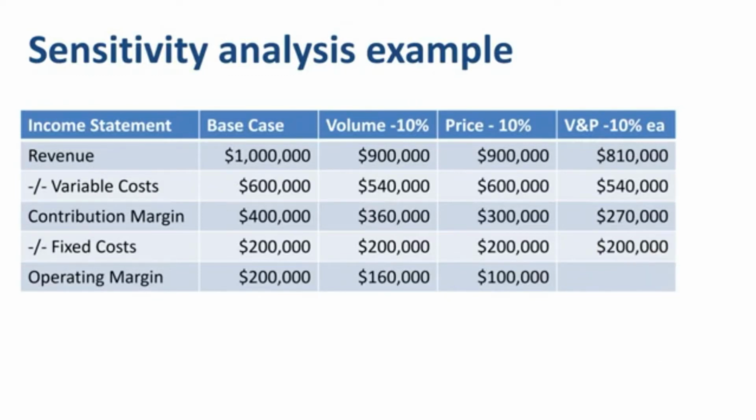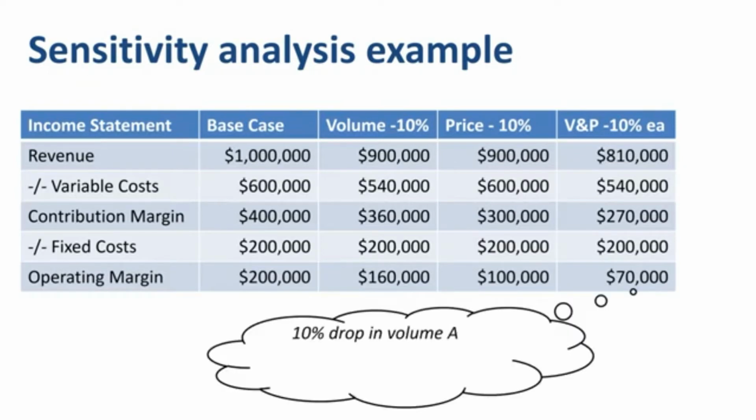Fixed costs, $200,000. Operating margin, $70,000. What we learn from this is that a 10% drop in volume and a 10% drop in price at the same time lead to an expected 65% drop in operating margin versus the base case.